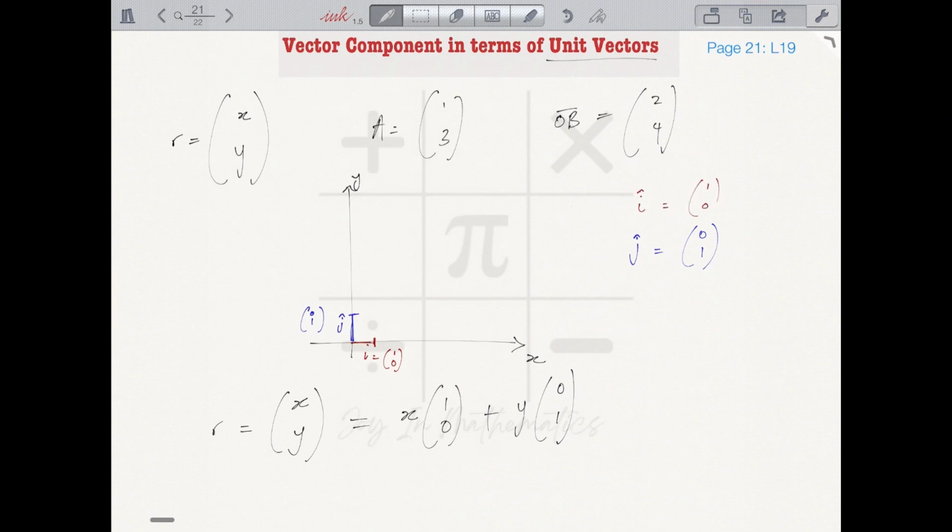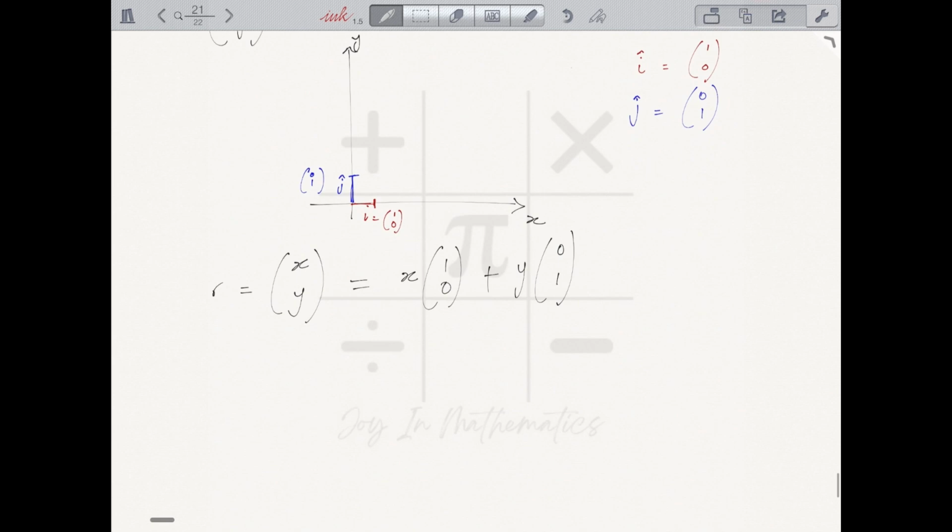So the j column vector is (0, 1), and the i column vector is (1, 0). With that done, I can rewrite my R by making the substitution: the column vector (1, 0) is equal to i, and the column vector (0, 1) is equal to j. Therefore I can rewrite this as xi plus yj.